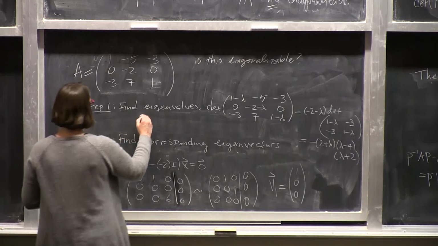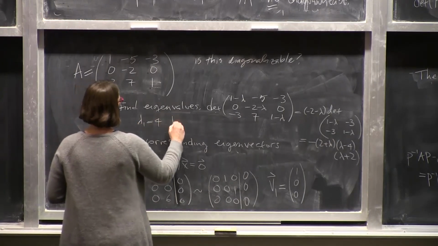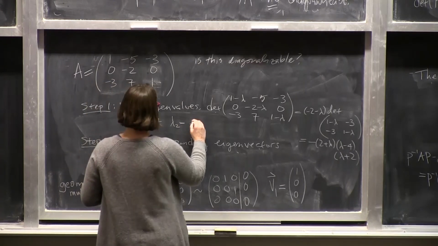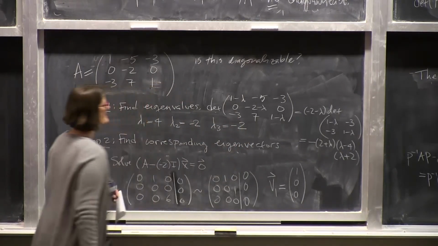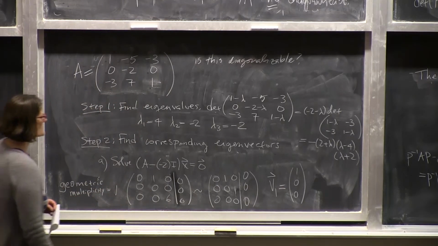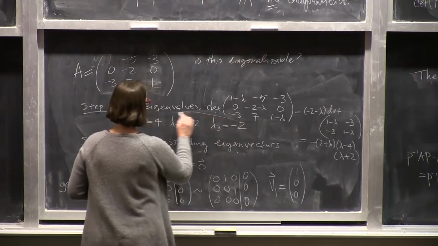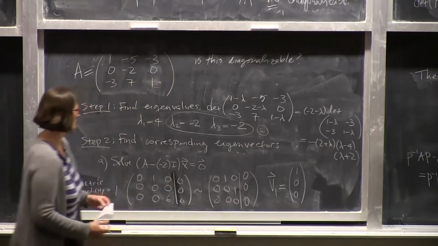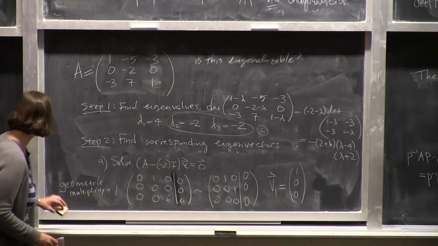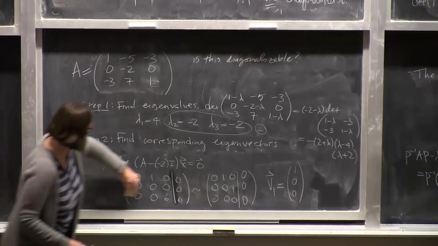Okay, so we have one eigenvalue, which is 4. We have a second eigenvalue, which is minus 2. And we have a third eigenvalue, which is minus 2. So we have algebraic multiplicity 2. And we're careful. We find the corresponding eigenvectors.